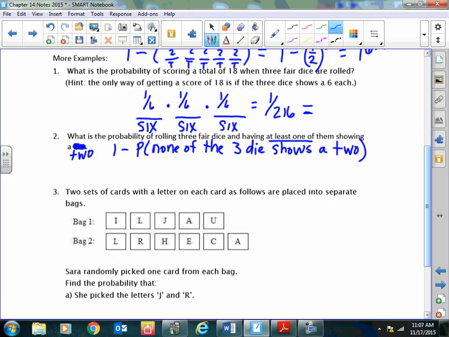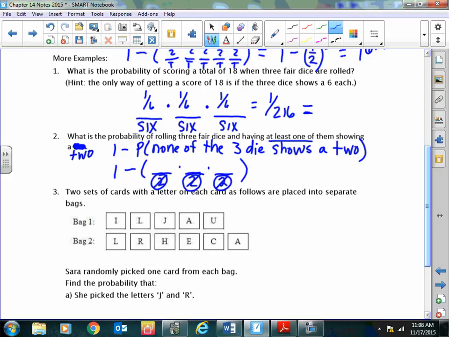So at least one of them showing a 2 means 1 minus the probability of none of them showing a 2. Okay? So not a 2 times not a 2 times not a 2.